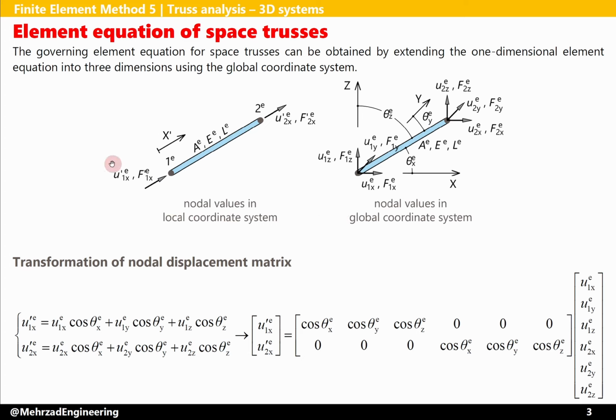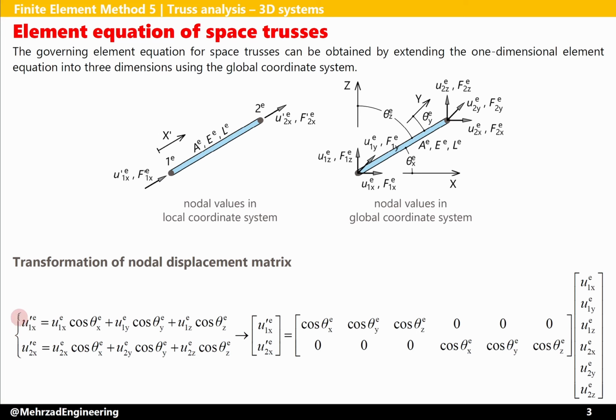To find u prime 1x from u1x, u1y, and u1z, we could use the angles between the axis of the element relative to the axis of x, y, and z, and direction cosines of these angles. We could project u1x, u1y, and u1z onto the axis of the element to find u prime 1x.